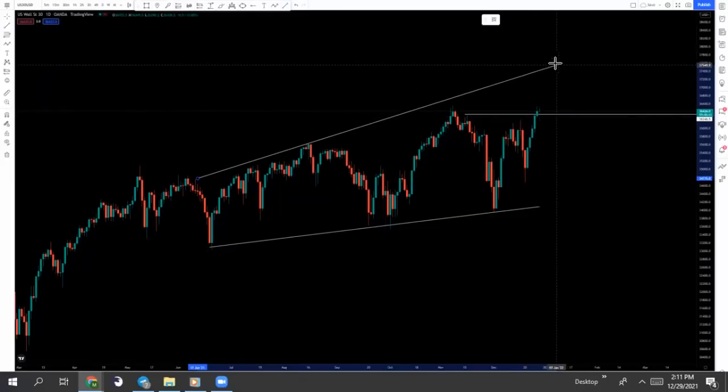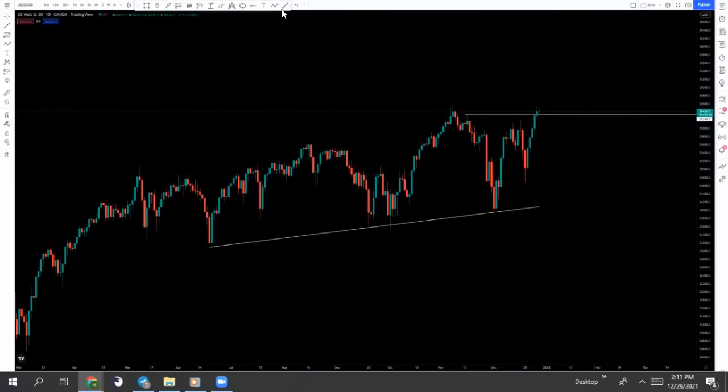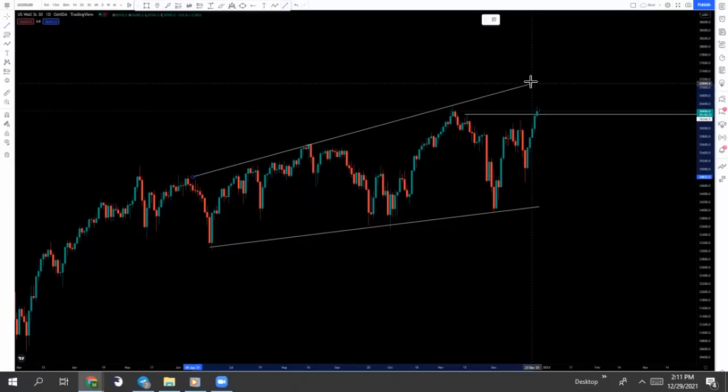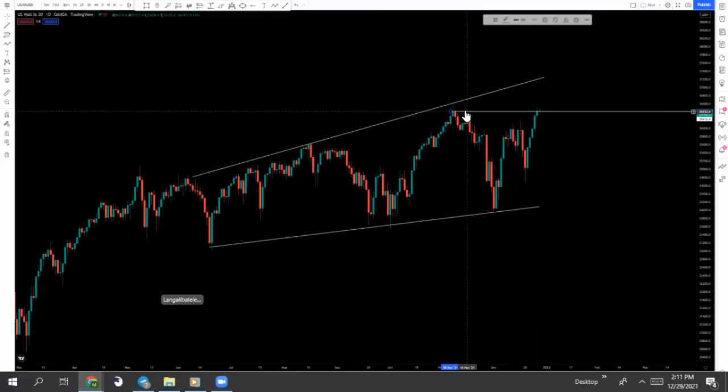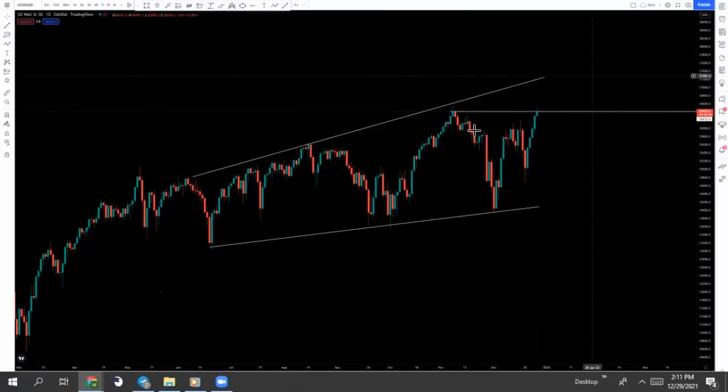Price has to give us a third touch. Is it clear? Yes. Price has to give us a third touch because it failed the double top. If it failed the double top, it has to give us the third touch. That's the market's theory.